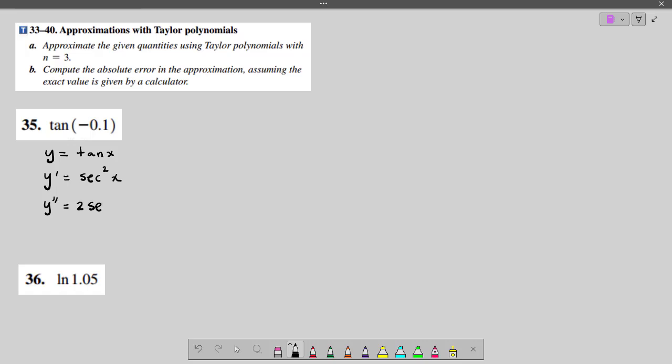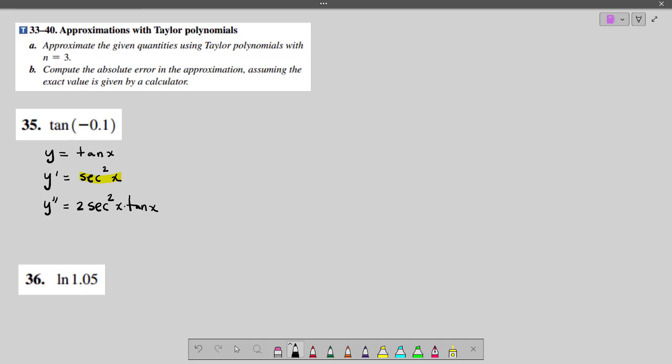So first thing is that that's 2 secant to the 1. We bring down the 2, we subtract 1, and then we have to multiply by the derivative of the base, and the base is secant of x. So we have to now multiply by secant times tangent. So if we multiply by secant times tangent, we'll end up with this as our second derivative.